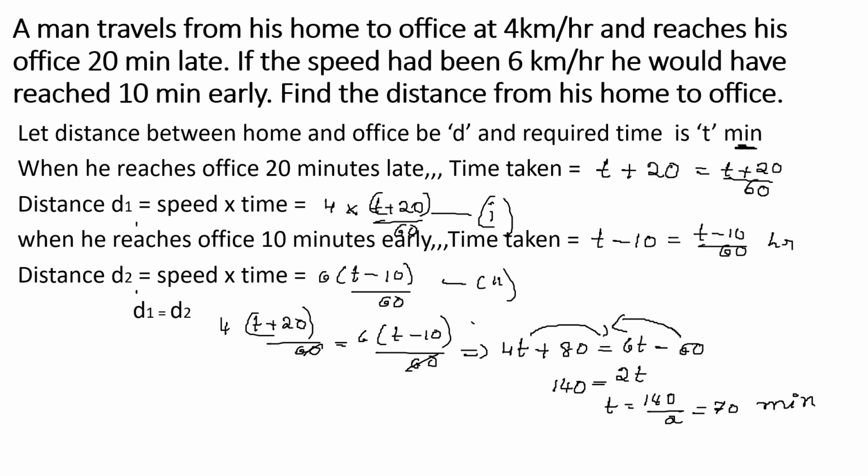Yeah, 70 minutes. Therefore, distance, 70 minutes will be 70 divided by 60 hours. Now we can take any one of the equations. We'll take the first one. Distance is equal to 4 into (T plus 20) divided by 60, that is T plus 20, 70 plus 20 is 90 divided by 60.